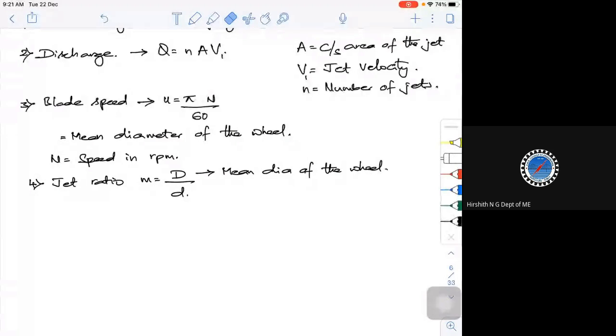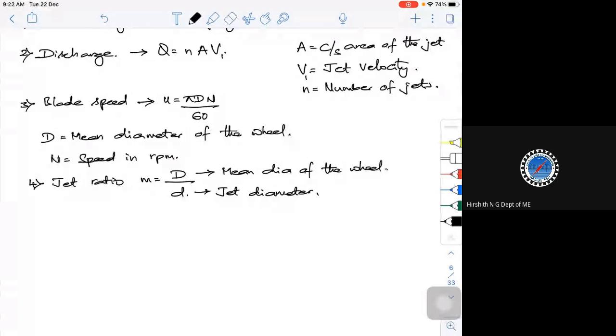I will put capital D, so it will be easy for you to understand. So capital D is your mean diameter of the wheel, and small d is the diameter of the jet. So it will be easy for us to remember.